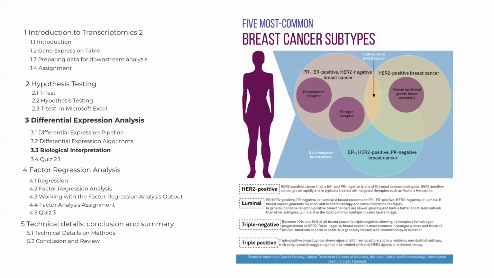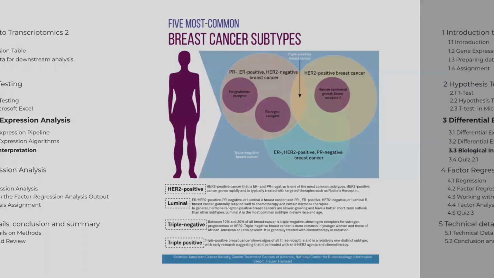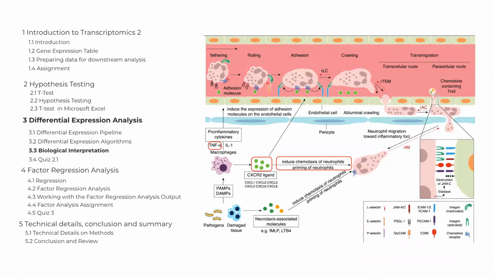And that specifically those non-coding RNAs belong to a subclass called long non-coding RNAs. And then we also found that there were 2 key factors in neutrophil migration that were differentially expressed in TN breast cancer. These were TNFAIP6 and CXCL8.